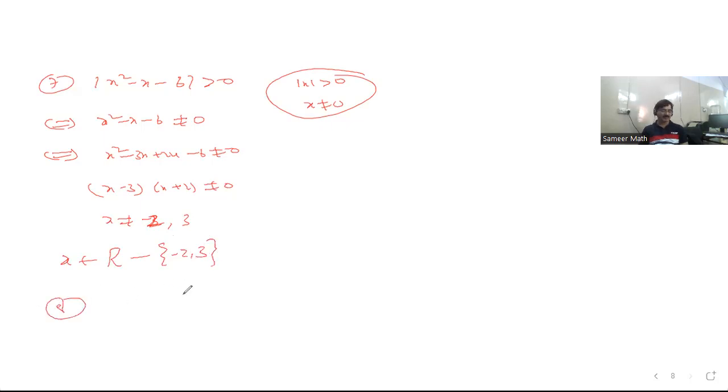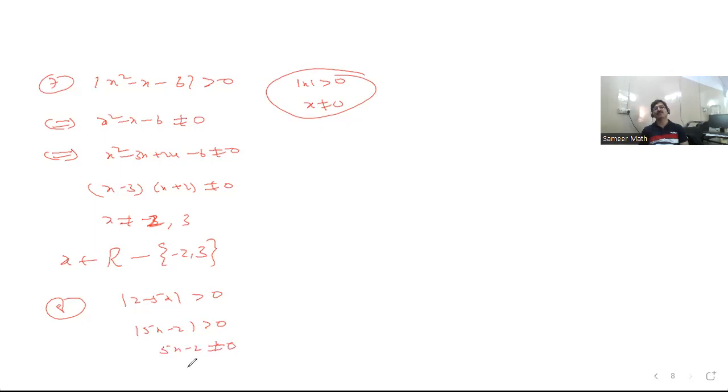This is the 8th example I have given here. Now come to the next one, a simple one. Suppose I say mod 2 minus 5x greater than 0. What do you have to do? You have to write it like this. That means 5x minus 2 should not be 0.